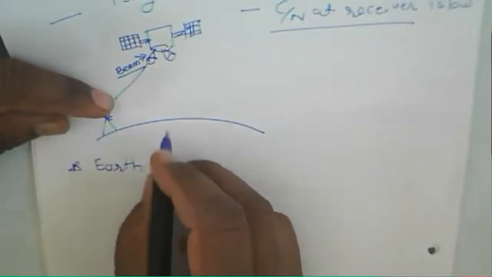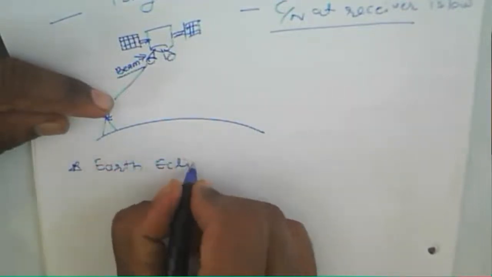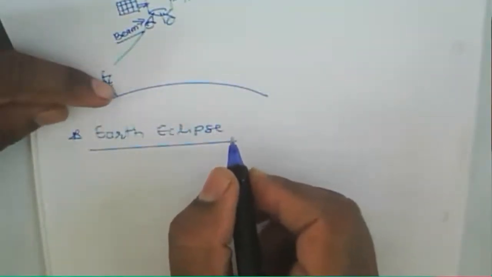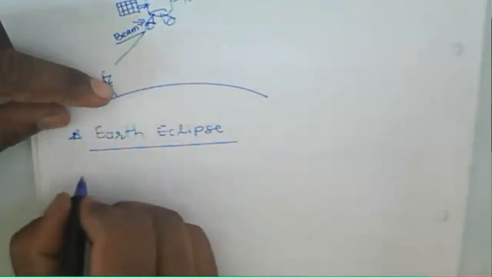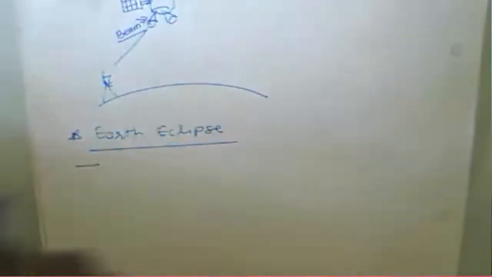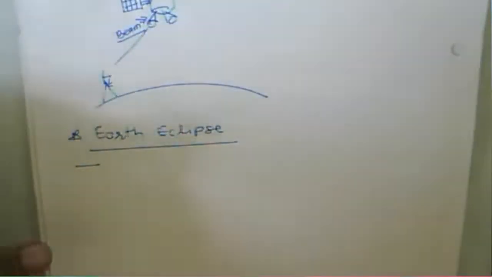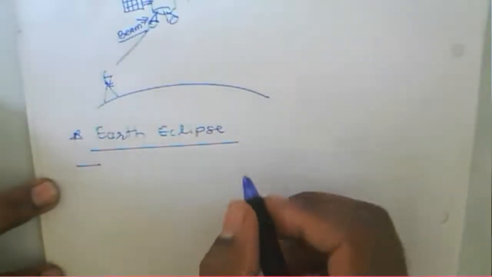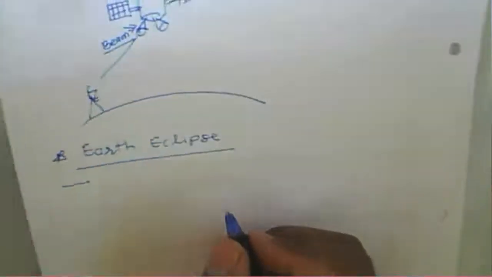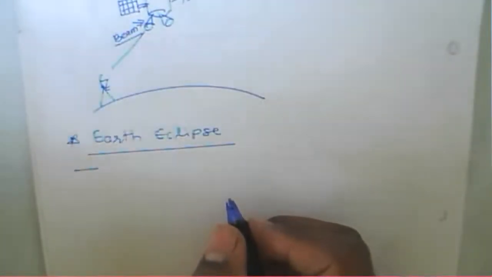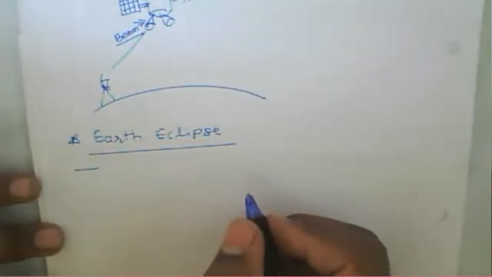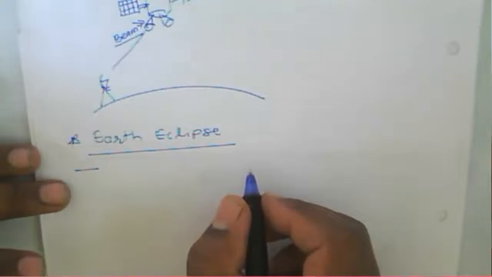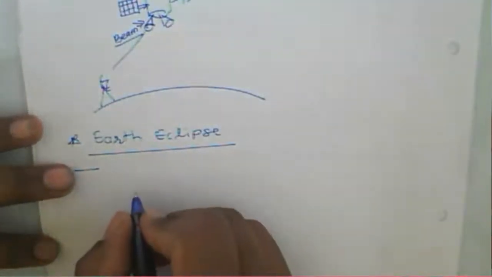Next, we see the Earth eclipse. An Earth eclipse occurs when, for a satellite, the Earth and Sun are both on the same axis. They come in the same line, or on the same axis, and then an eclipse occurs.